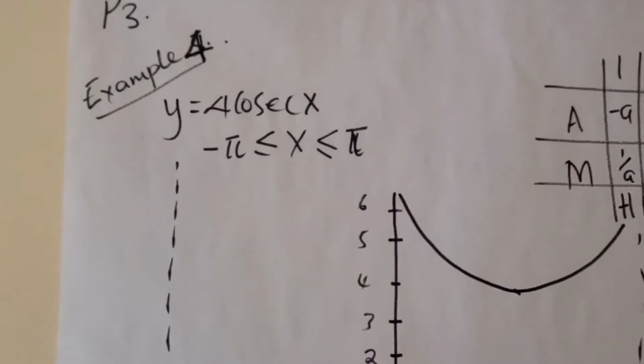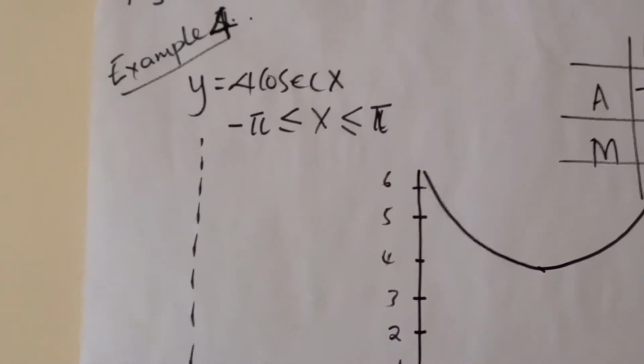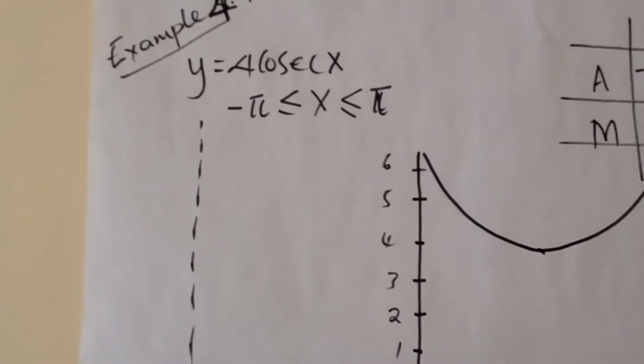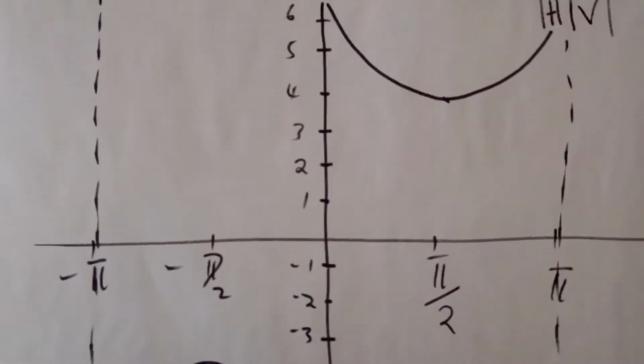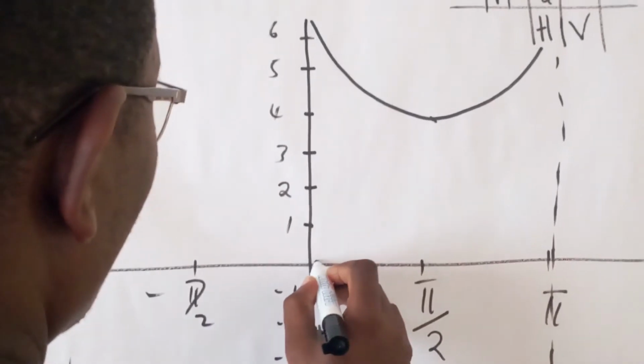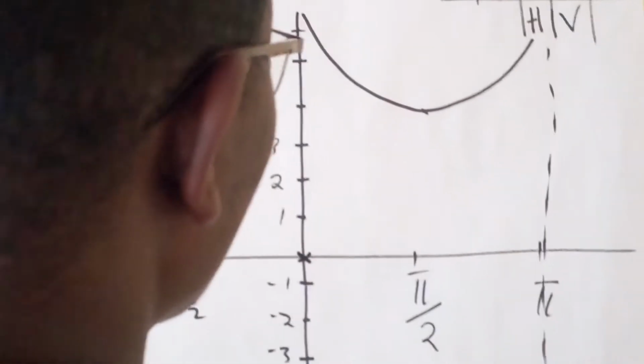Part B, we are told that on the same set of axes, sketch the line y is equals to x. And of course, when x is equals to 0, y is 0.